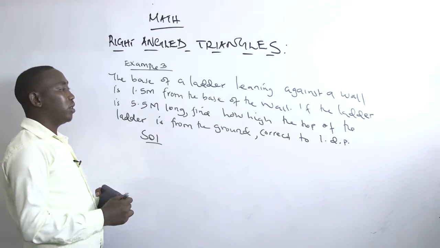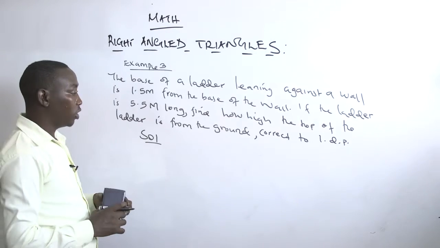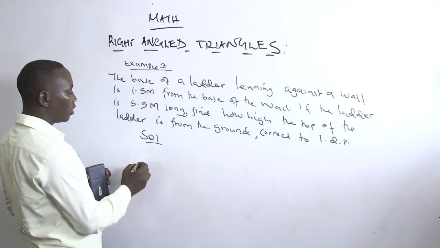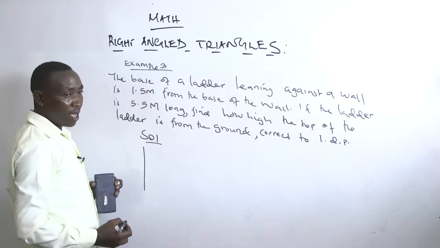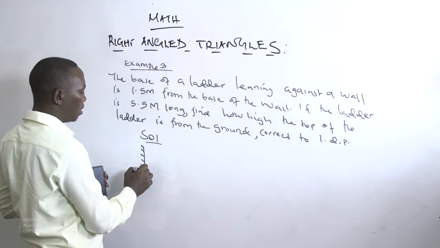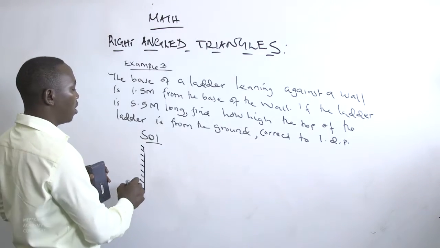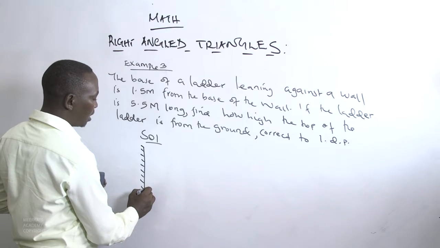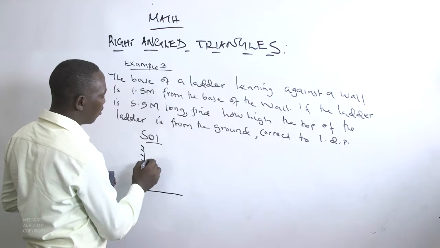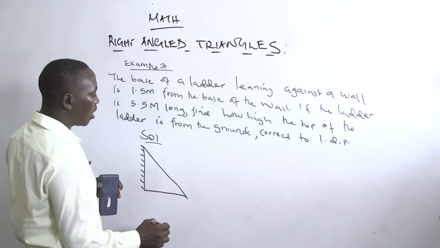Now, solution to this question, we need to come up with a diagrammatic representation of the question. We have been told that we have a wall, and we don't know the height, but the distance from the base of the wall to a ladder that is leaning on this particular wall.